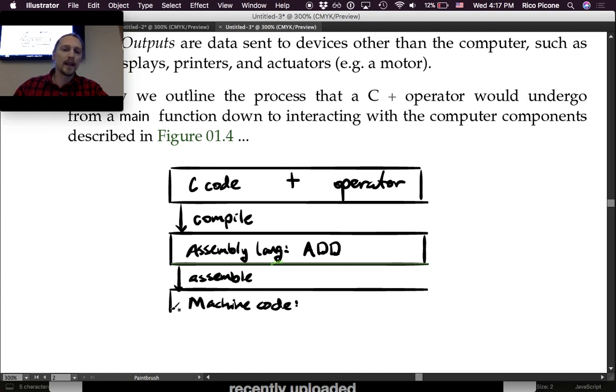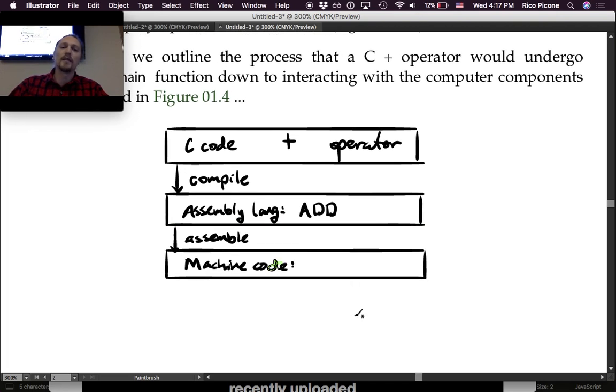I didn't get a chance to run down exactly. So the machine code for add is found in the instruction set documentation, which is 2,700 pages long. I downloaded it, and I hadn't quite gotten through to figure out what the binary sequence is for add, but it started out like 0, 0, 1, and then I don't remember the others.